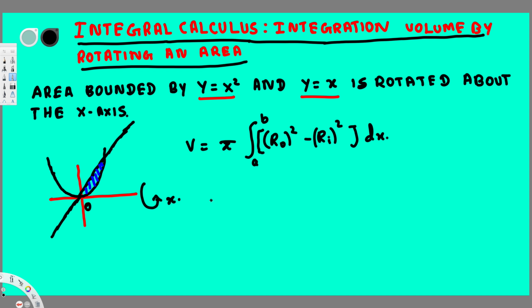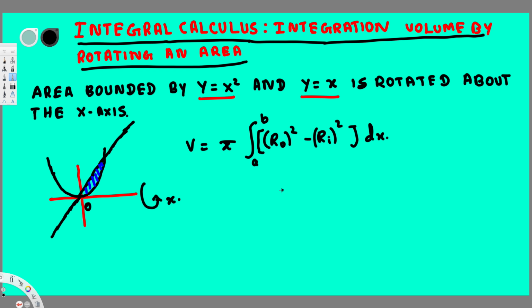Sometimes you may see a question that is asking to rotate it about the y-axis. If it's rotated about the y-axis, you have to use dy, and you have to write radius outside and radius inside in terms of y. Here this is rotated around the x-axis, so that makes everything easier because we already have y in terms of x, so we don't have to change anything.